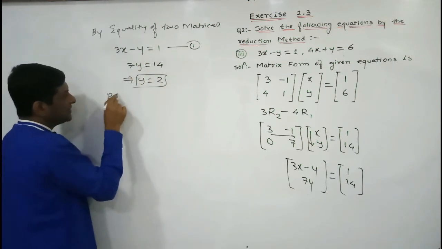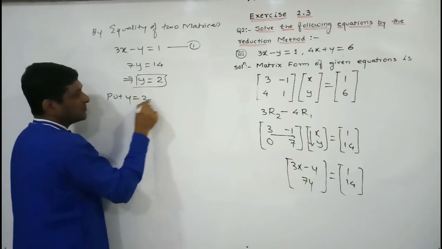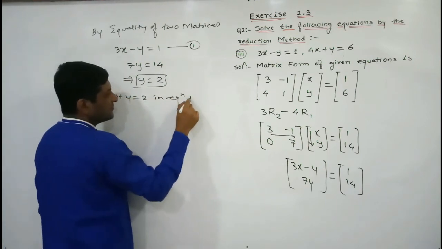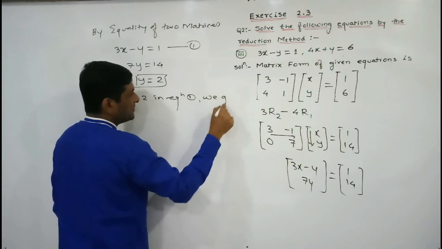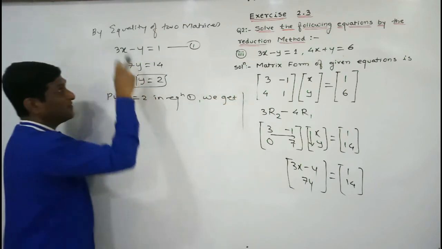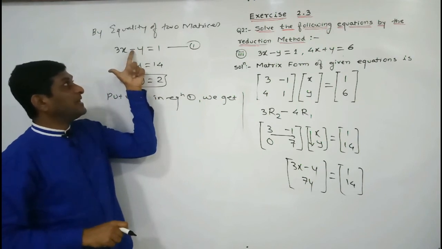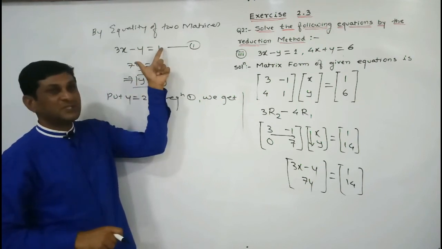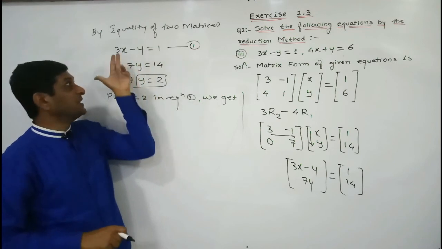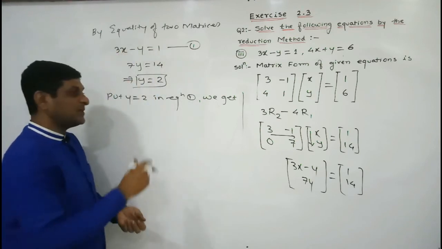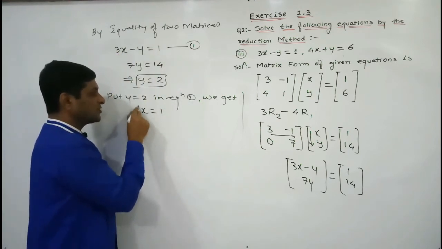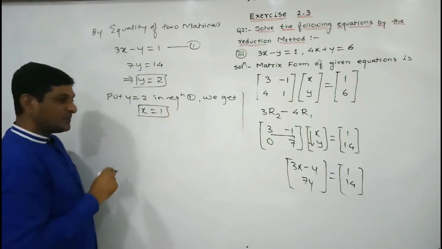So put y is equal to 2 in equation first. Let us see what we will get if we substitute this value of y in equation first. So put y is equal to 2, minus into 2 is minus 2, minus 2 on this side will become plus 2, 1 plus 2 is 3. 3x is equal to 3 means x is equal to 1. So in this way we have got the value of x also.